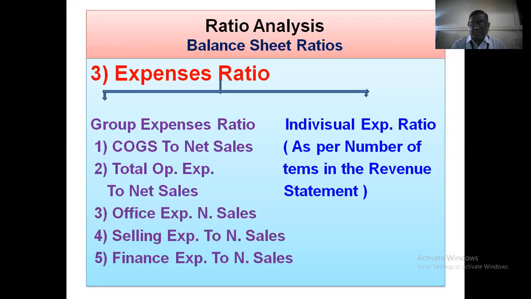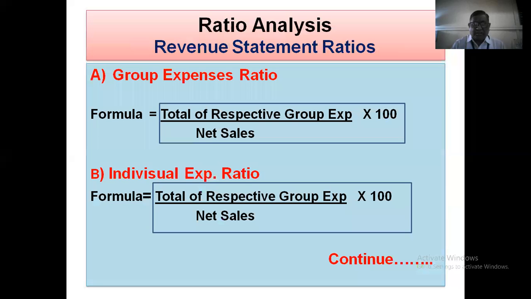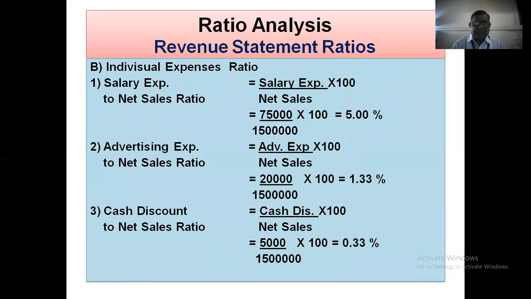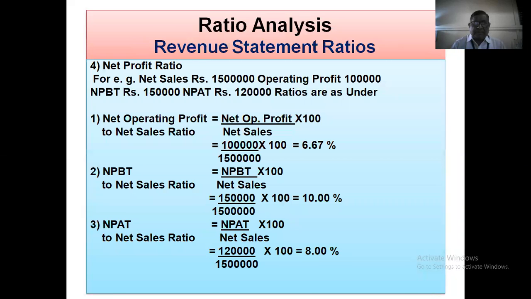In case of individual expenses, there are a number of individual expenses as per the items covered in the revenue statements. Now, one of the important revenue statement ratios is known as net profit ratio.